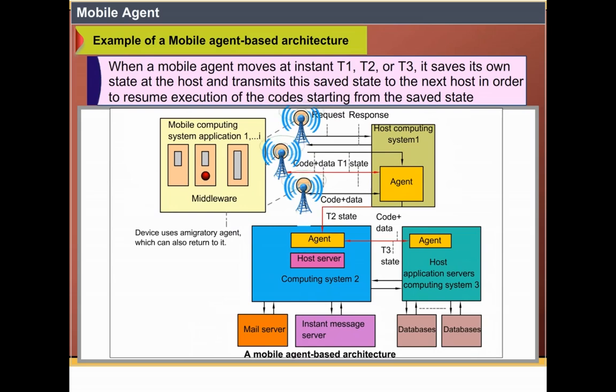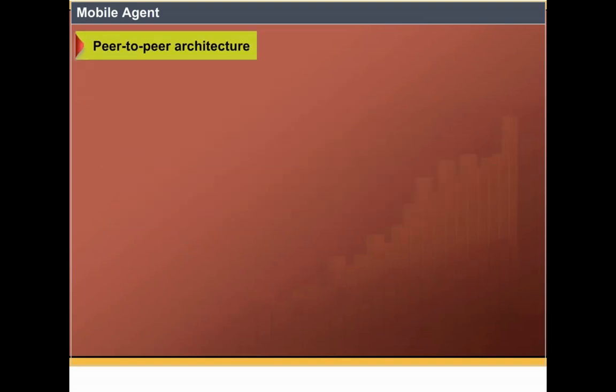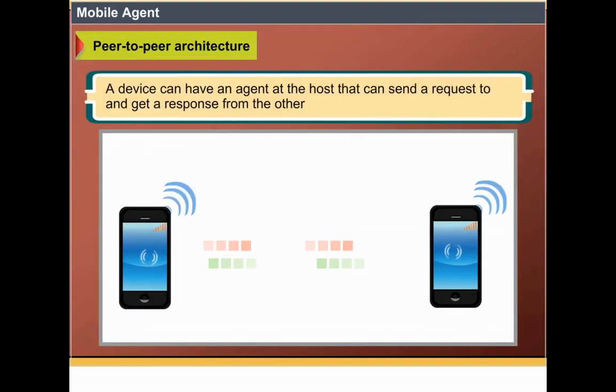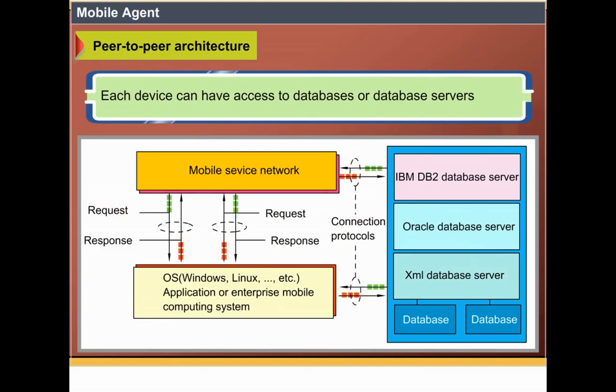Figure shows a mobile agent-based architecture. Peer-to-peer architecture. A device can have an agent at the host that can send a request to and get a response from the other. Each device can have access to database or database servers. Figure shows peer-to-peer architecture.